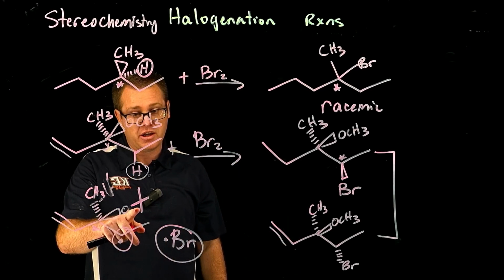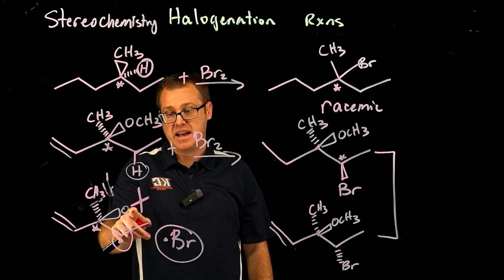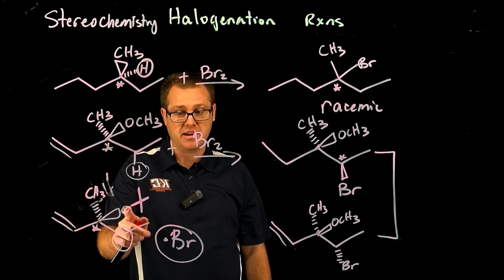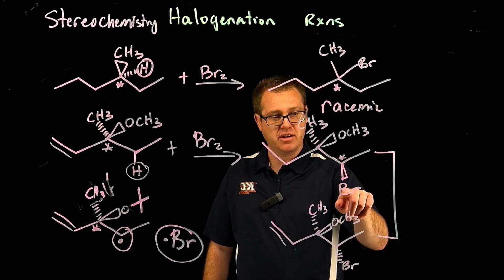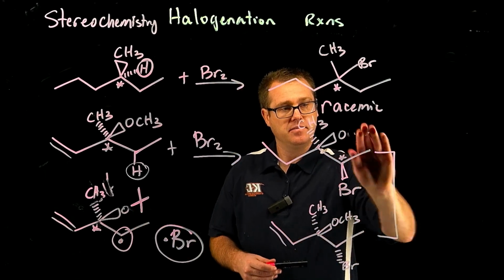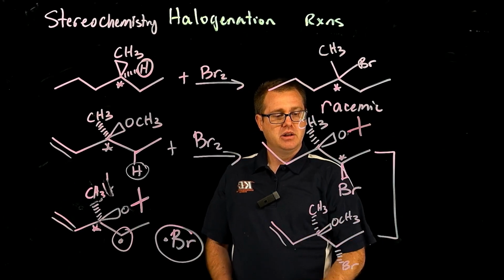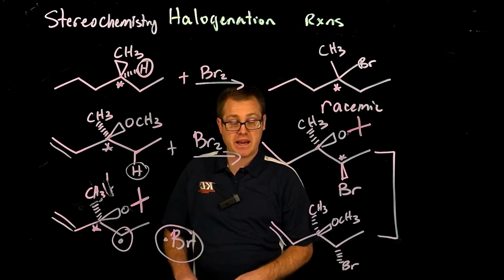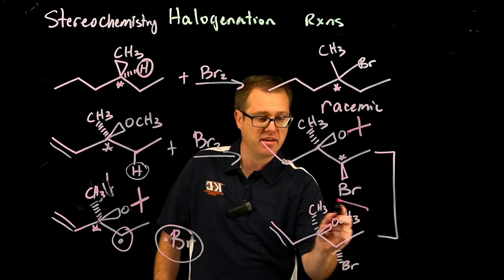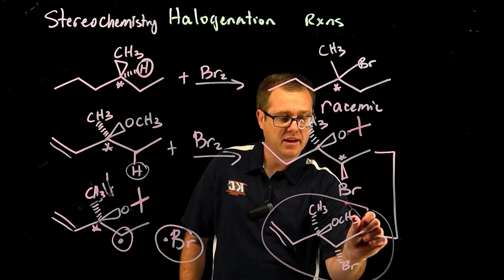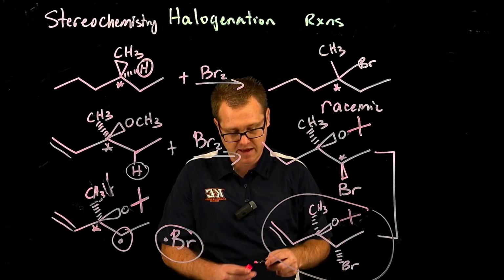We would not want to attach the bromine on the same face as the tert-butyl oxide right here. This one right here, the bromine is approaching on the same face as the tert-butyl group. So if I had to make a choice, I'd say this one would be the major product, because the bromine is attacking the opposite face of that tert-butyl.